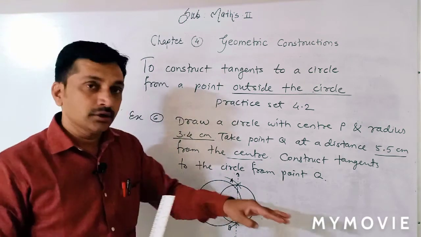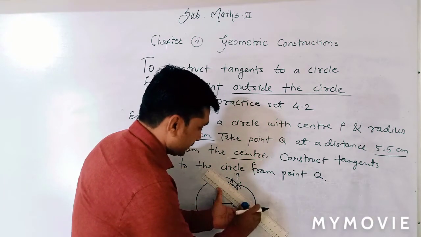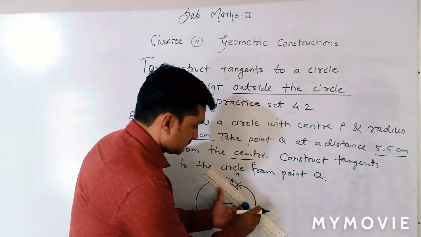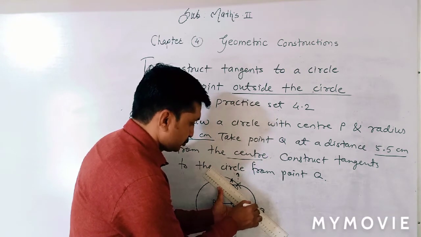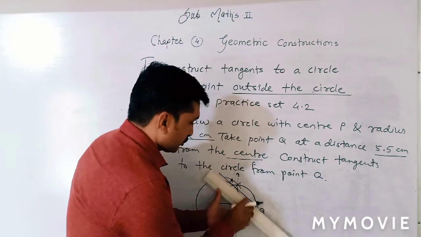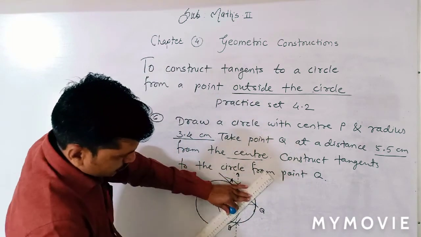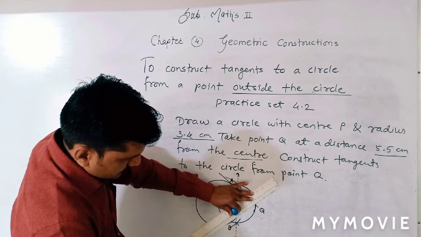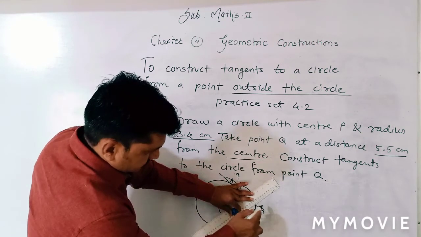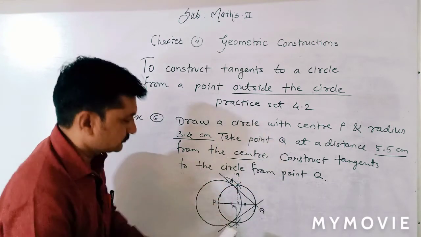Now draw a ray or line passing through QA. Draw a line passing through QA, and QB also. See.